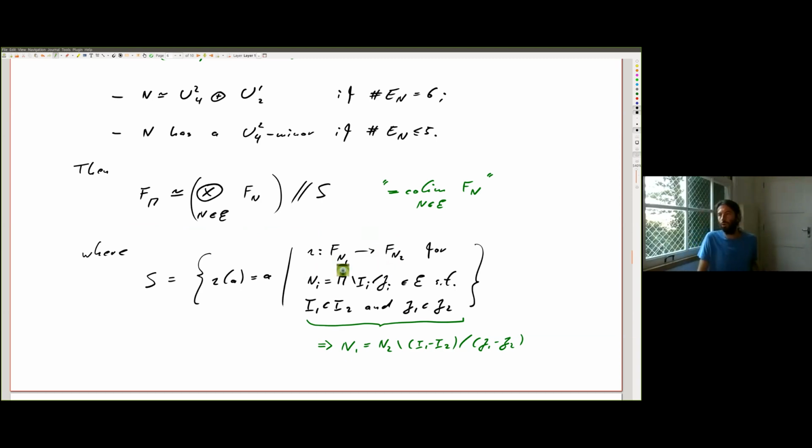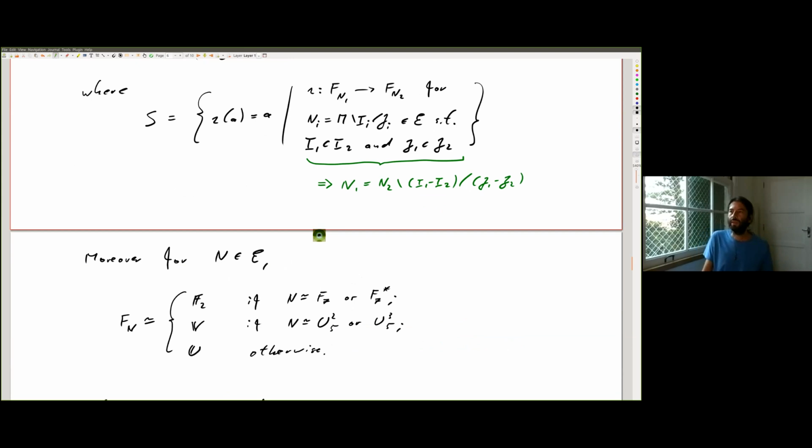Well, if you're a categorically minded person, then you will discover that this is simply the colimit of the foundations of all embedded minors N in the family with respect to the minor embeddings between these embedded minors. Okay, but for calculations and for an explicit understanding, the tensor product description is certainly better.